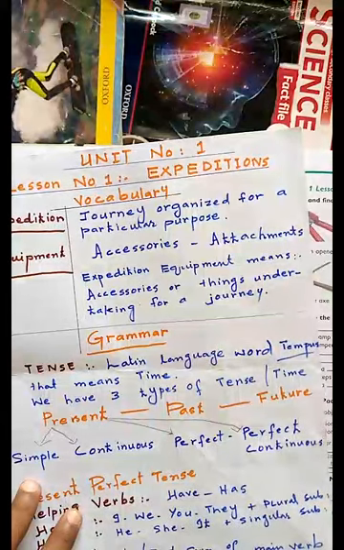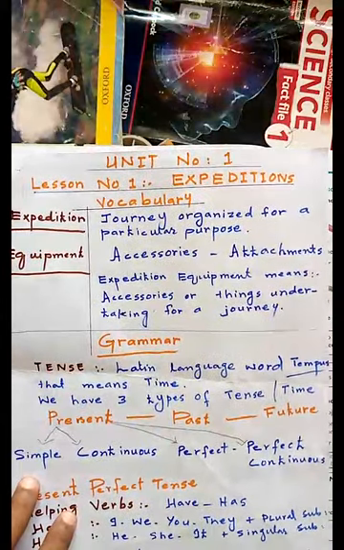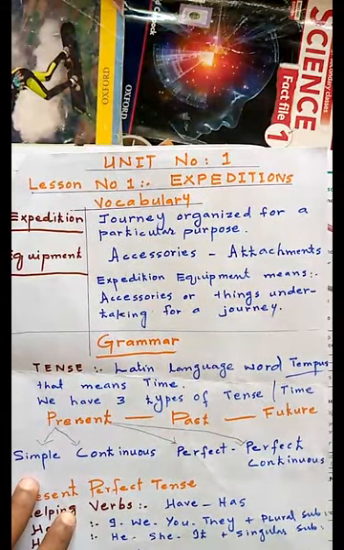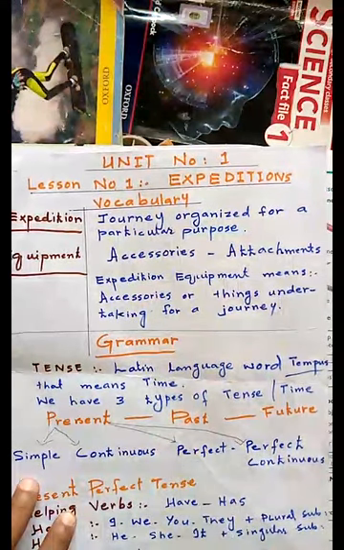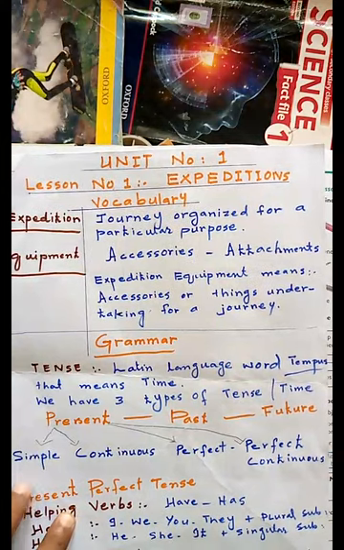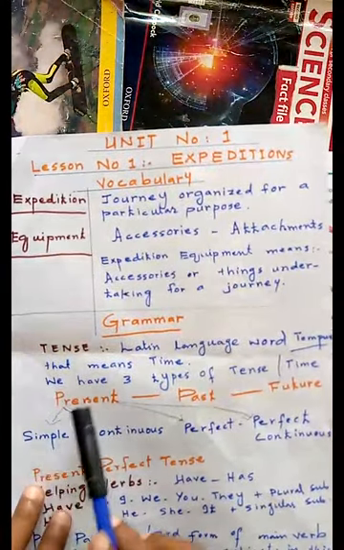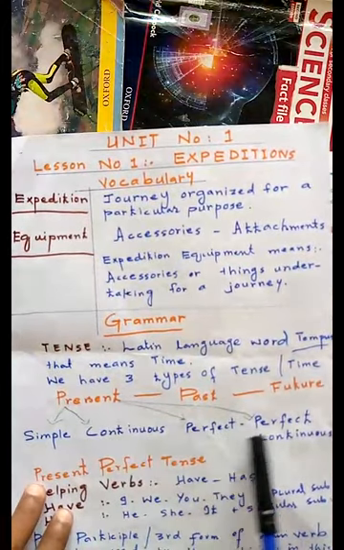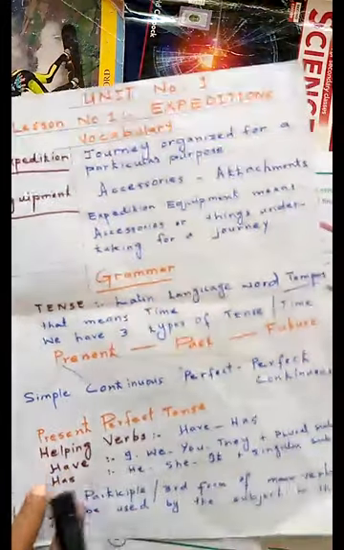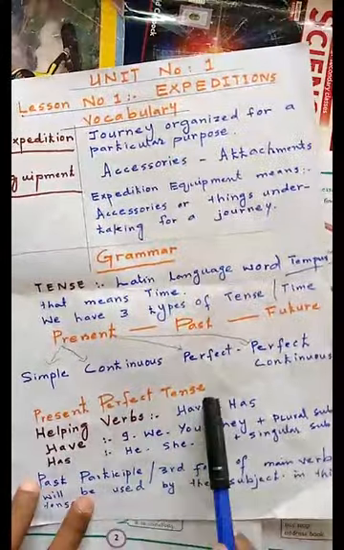Past means that which was completed. Future means it will come. Past means the time that was past. Present means the time is happening now. We have 4 subtypes of present: present simple, present continuous, present perfect, and present perfect continuous. We have to read now present perfect tense.